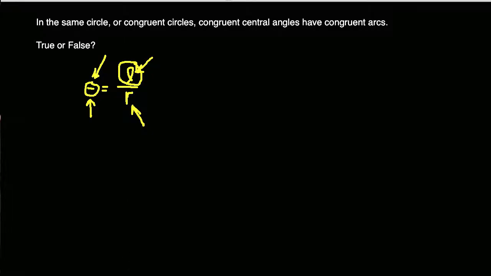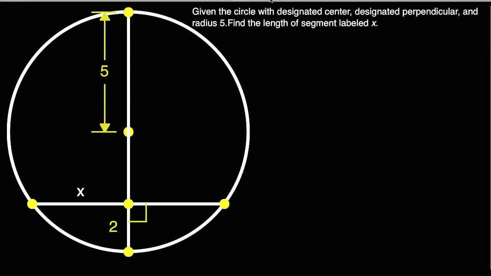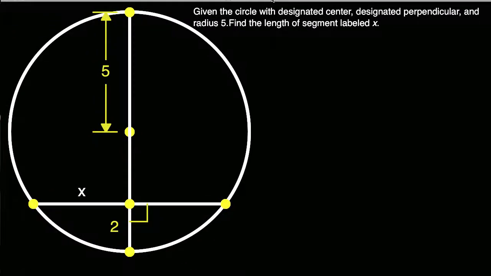It's a bit more interesting here. Here we have a circle, and the circle has a radius of 5, as shown here. And this is the diameter of the circle, and the diameter forms a perpendicular with this chord here.